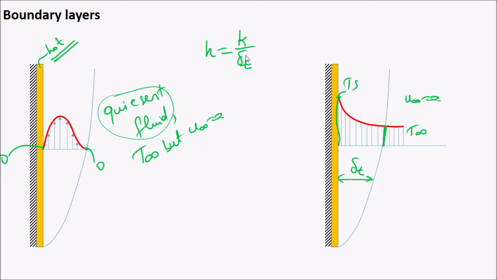You have the boundary layer thickness and the k value, which is conductivity. If delta T increases, you will have a lower h value. You have the maximum h value here and the minimum h value here. This is the concept of the natural convection heat transfer coefficient.